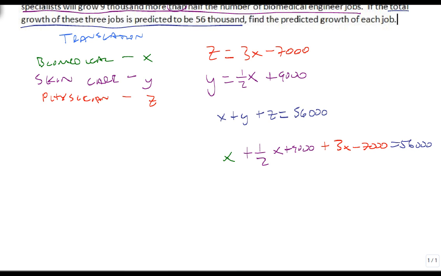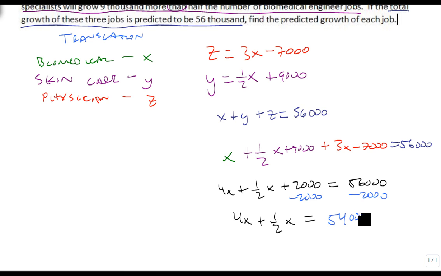Well, if we combine like terms, X plus 3X is 4X plus 1/2 X, plus 9,000 minus 7,000 is plus 2,000, equals 56,000. Let me just do one more thing. Let's subtract 2,000 over to give 54,000.